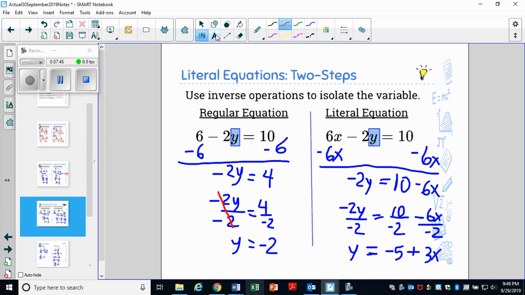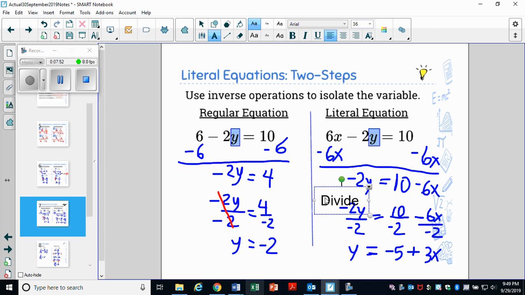So unlike before, for this problem, we'll divide each term by -2. So here, divide each and every term.